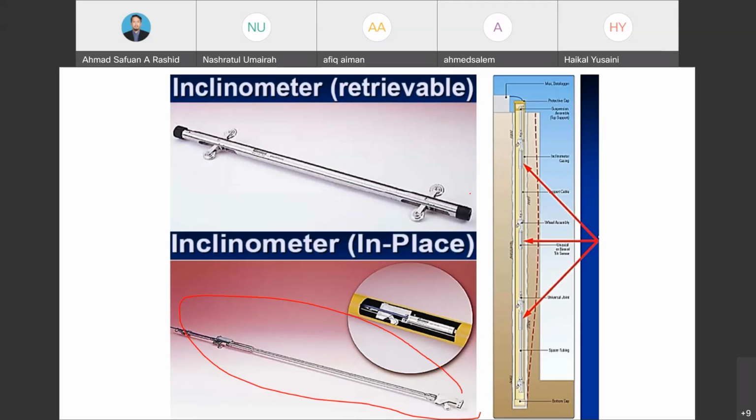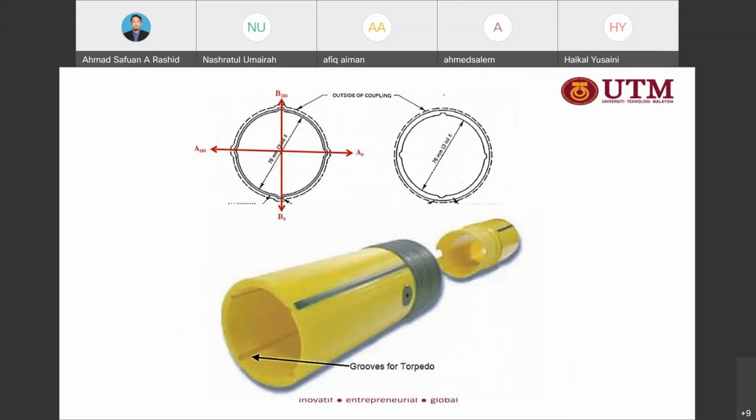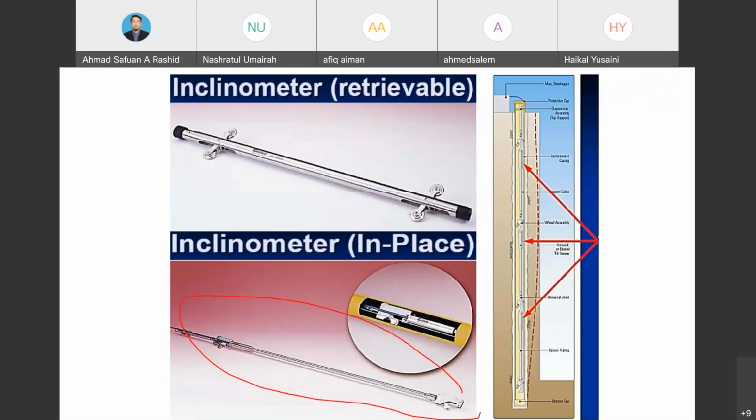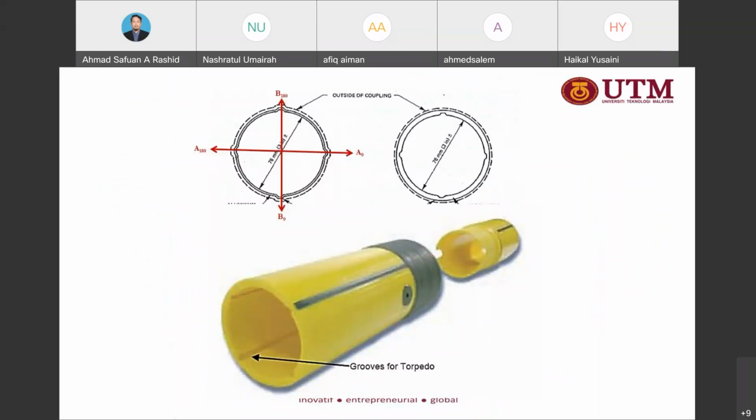So this groove is made to allow this inclinometer to be inserted inside the tubes, so that they can determine what movement happens.